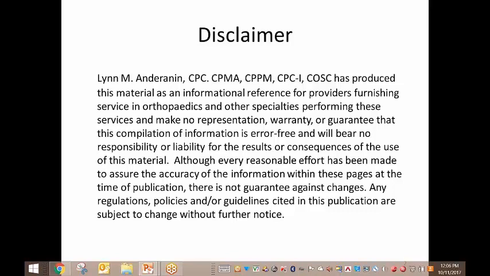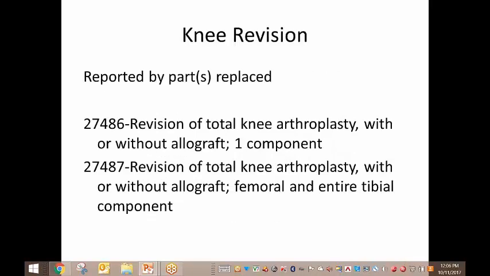Now we're going to talk about knees. When we're talking about total knee replacements, it seems that more often than any other joint, patients have complications in knee replacements.